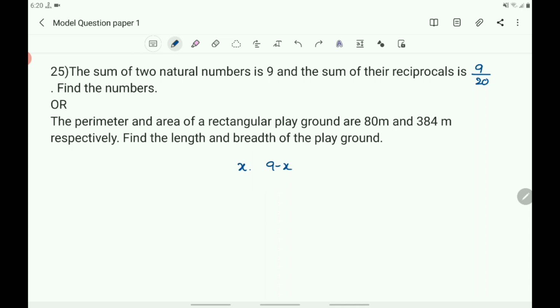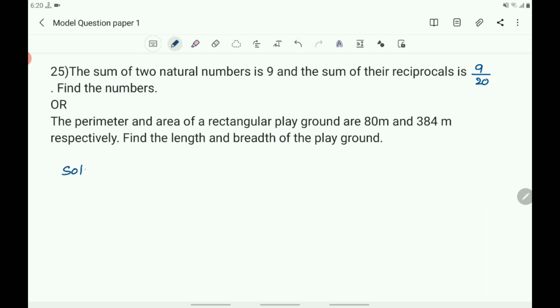If you take x and y, again you must substitute the value of x in terms of y, and the value of y in terms of x. So in the starting only, let us take the two numbers are x and 9 minus x. Why do you have to take 9 minus x? Because their sum is 9.